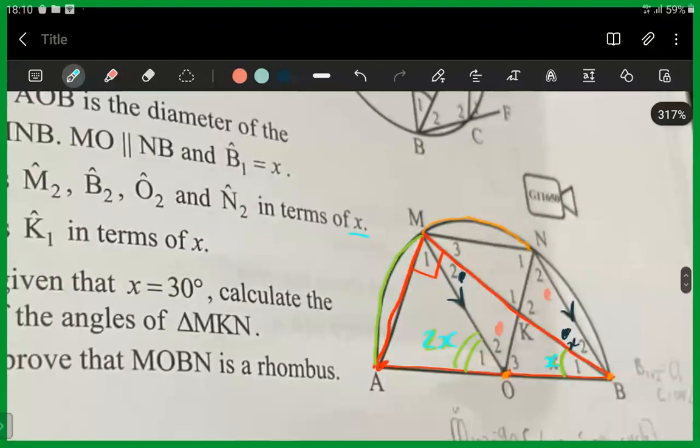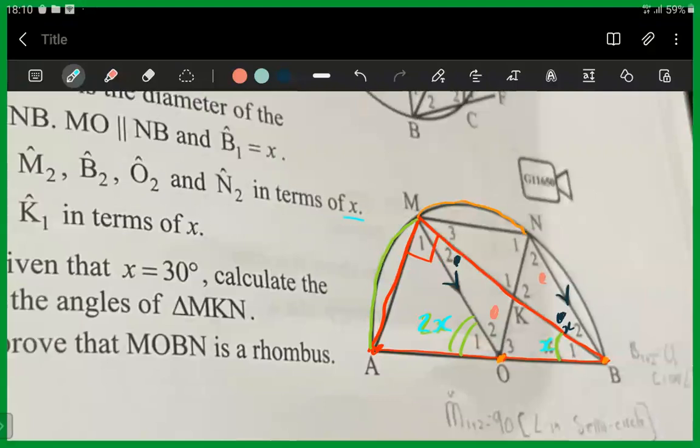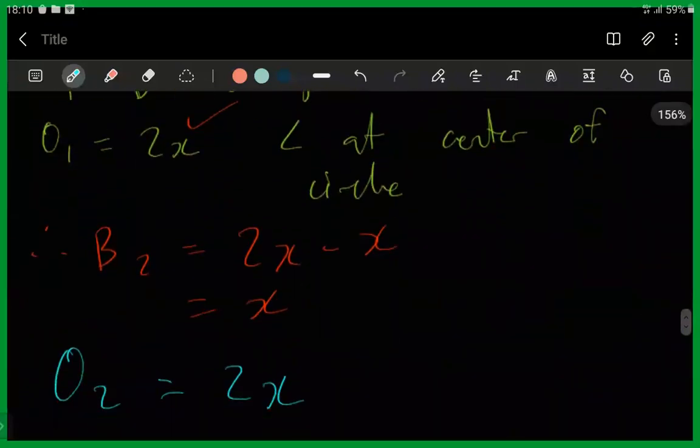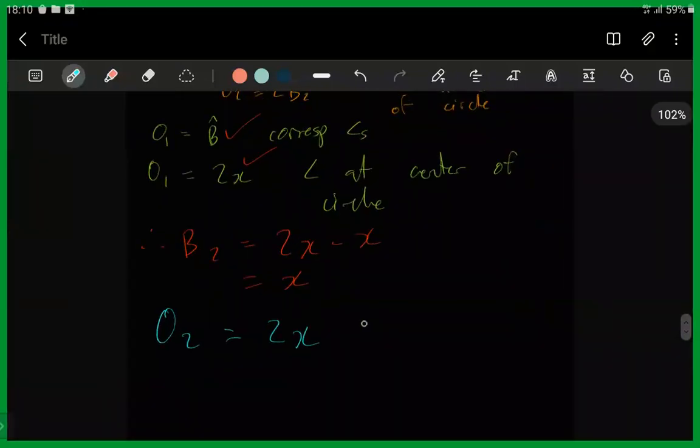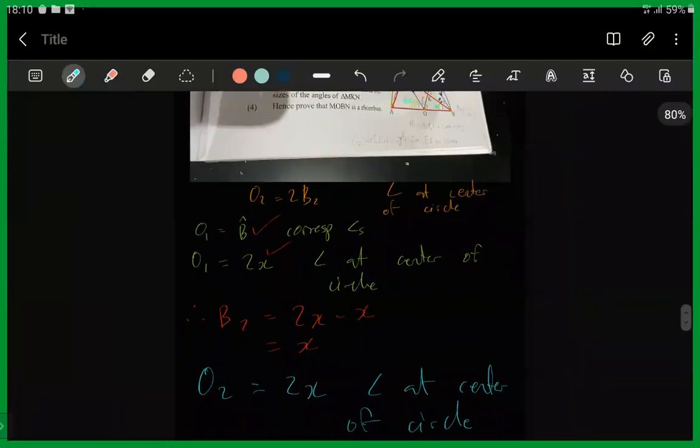O2 is an angle at the center, double the angle at the circumference. So we can say it again using the same law: angle at center of circle. It's funny that we have used the same reason the whole time, but it's still fine because the law does not lie.